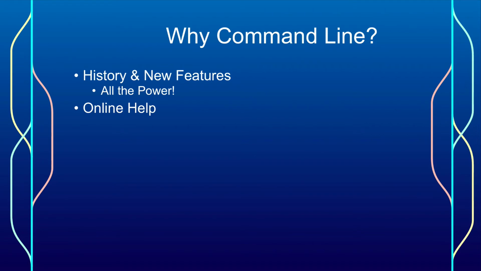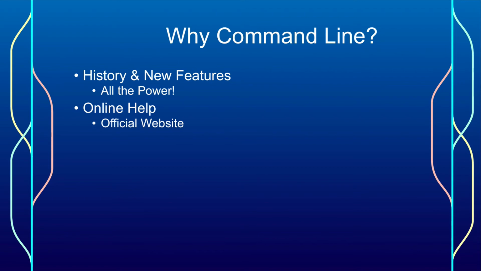But perhaps the most compelling reason, at least in my mind, is online help. It's impossible really to do very much online searching for something particular about Git without being given a bunch of commands. So if you don't know how the commands work, you're going to be lost. So try just searching anywhere, really.